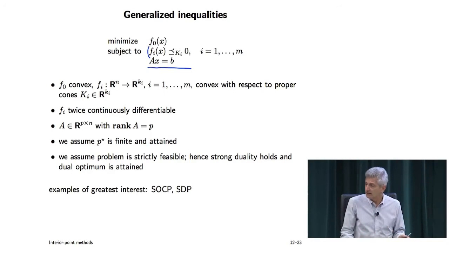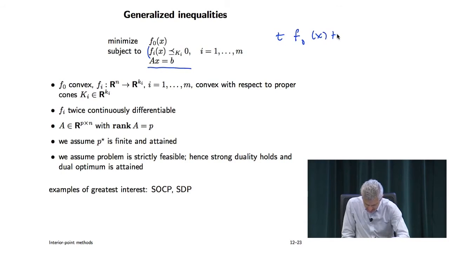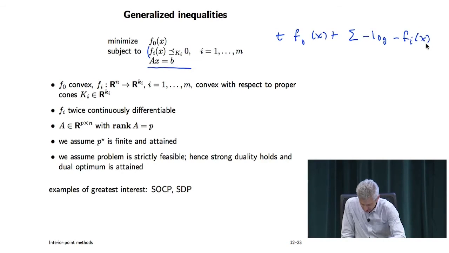Actually, it's going to be shockingly easy. There's only one real thing we have to do, which is to work out what the log is. Because what we want to do is write down t f0 of x plus the sum of minus log of minus fi of x, and then minimize that.